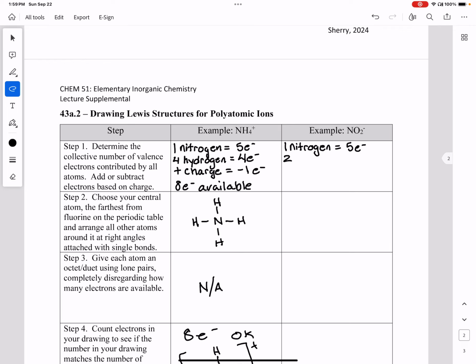I have 2 oxygen giving me 6 electrons each, so I have 12 electrons. And then the negative charge will give us 1 additional electron. So we have 18 electrons available.